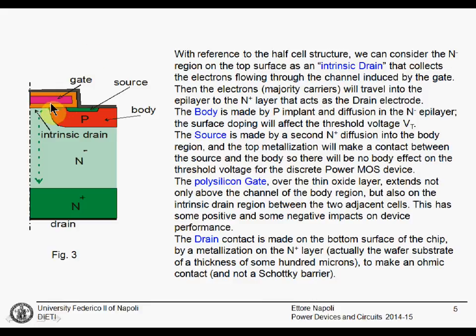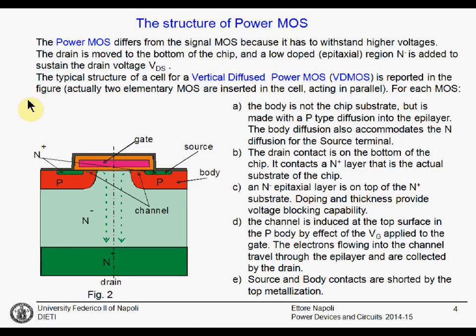Another important aspect is that the channel is here, from this point to this point. It looks like the gate is only needed here. Why extend the gate up to the end of the intrinsic drain? In this plot, I could say that the gate can be reduced, cutting the gate here.